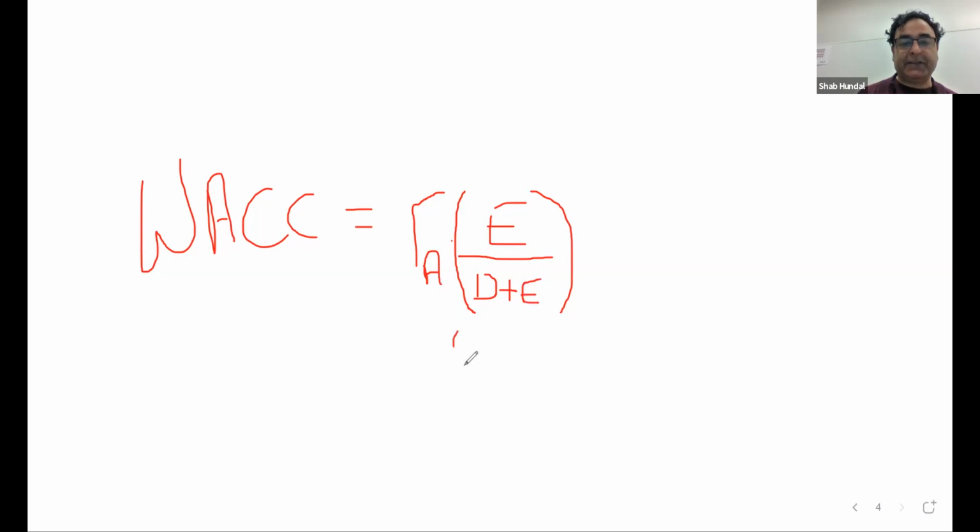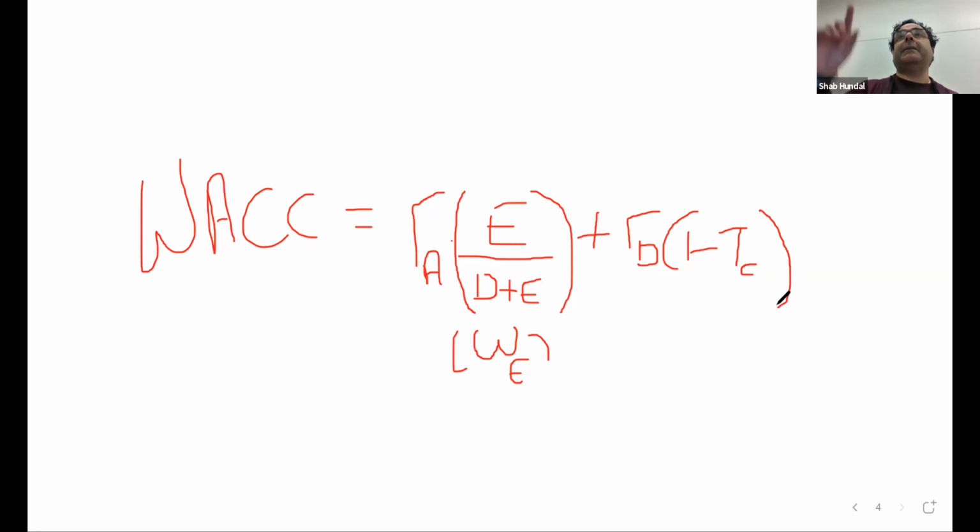And this in the bracket, which I wrote, is also called the weight of equity: equity divided by D plus E. And then you add the cost of debt, but you multiply it by 1 minus TC. Why do I do it? Because remember, we discussed last week that debt is tax-free.